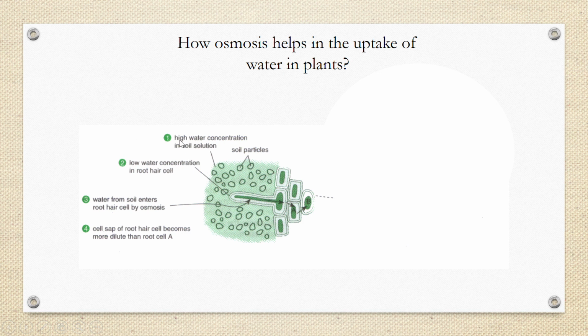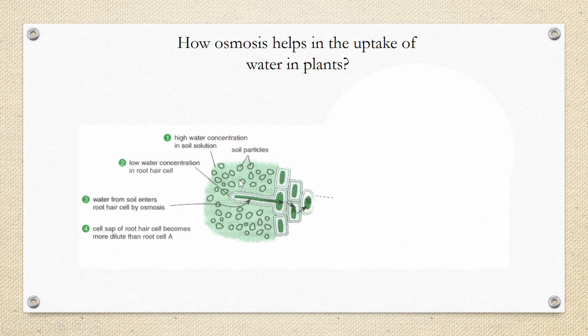There is high water concentration in the soil solution as compared to low water concentration in the root hair cells, especially after you have already watered your plant. High water concentration, we're talking about water potential, don't forget.